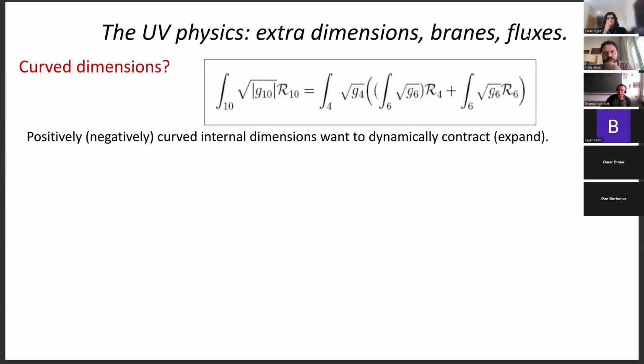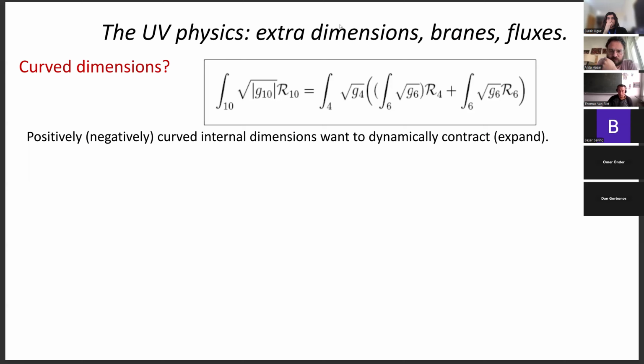The point I want to make is that many people write complicated papers with a lot of fancy mathematics about what we call flux compactifications. But honestly, the physics involved is very easy. You can explain it to bachelor students without a problem, at least at the intuitive level. But the intuitive level, I think, captures all of the essential physics.